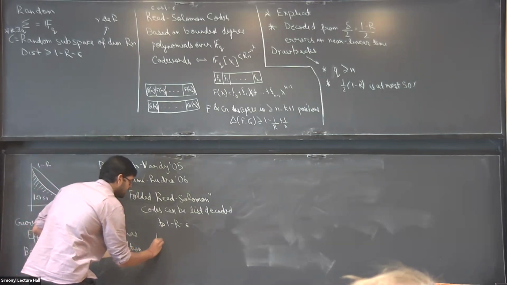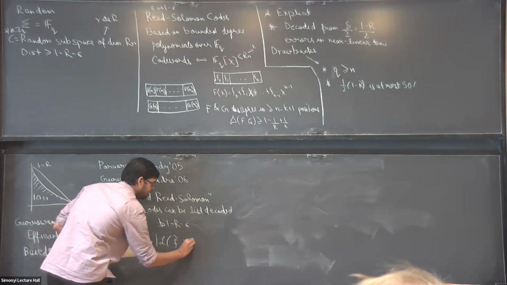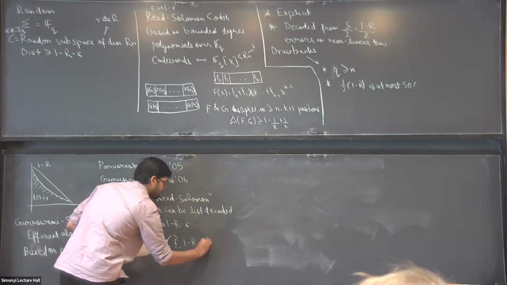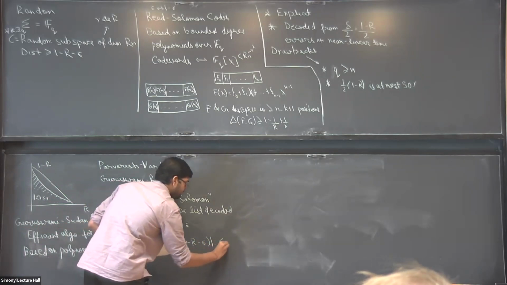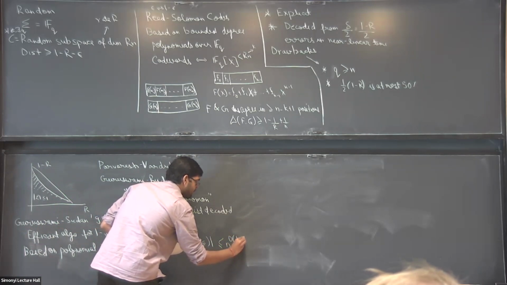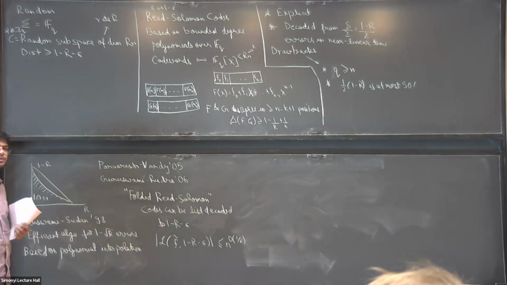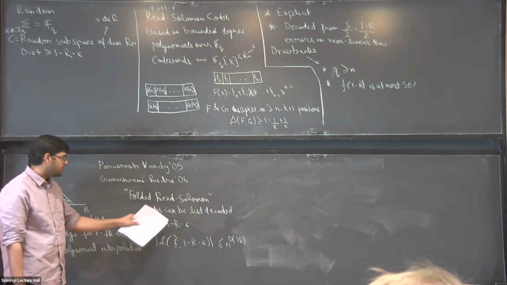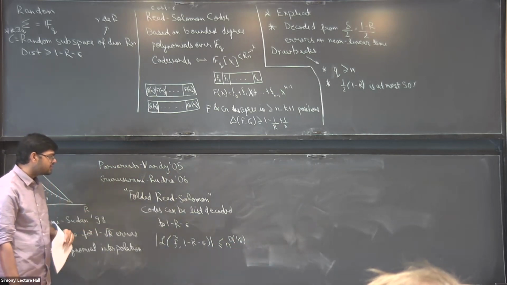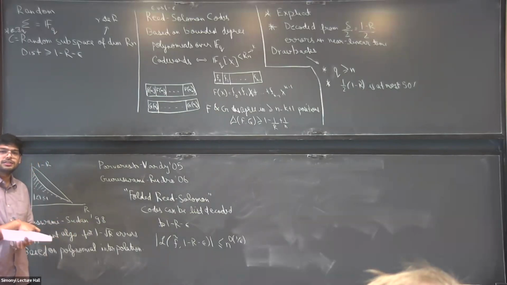In fact, this list for any f tilde is of size n to the order 1 over epsilon. So any code of rate R that can be list decoded up to this is said to be achieving the list decoding capacity.